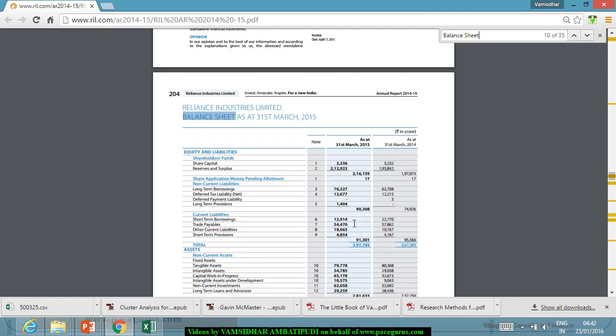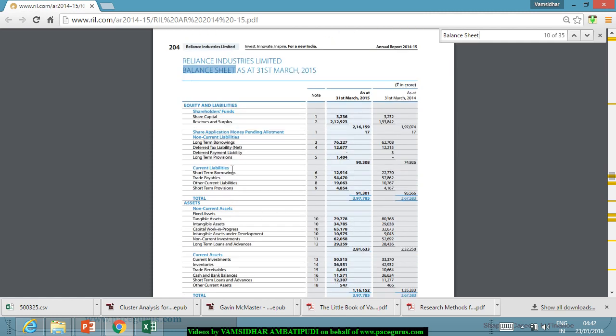I'm looking at the total liabilities here, both current and non-current, everything put together.